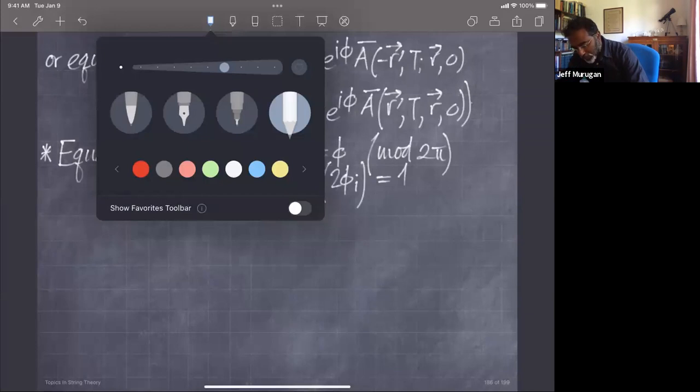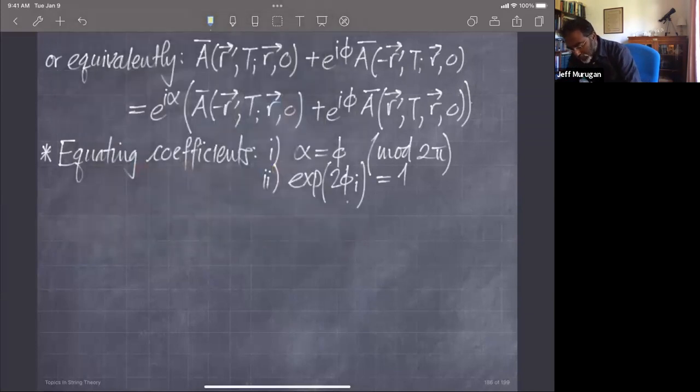So this necessarily means that either phi equals 0 or pi.